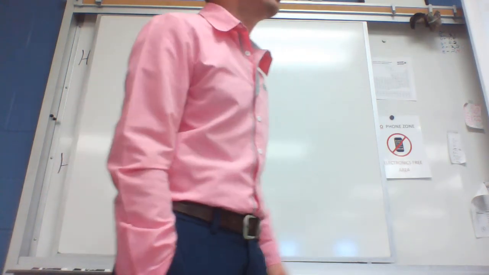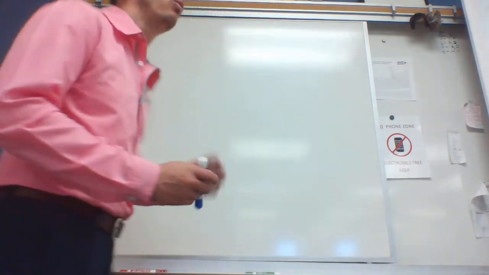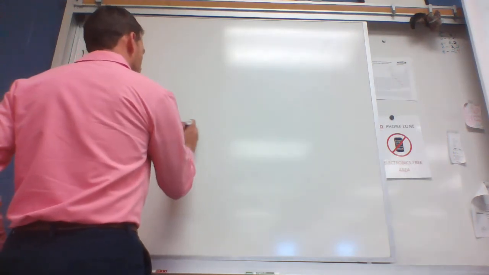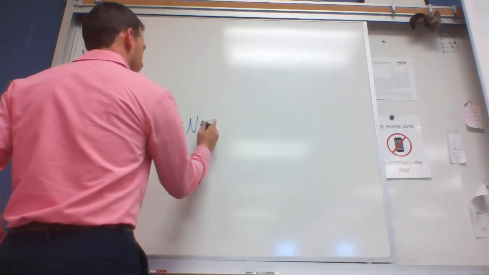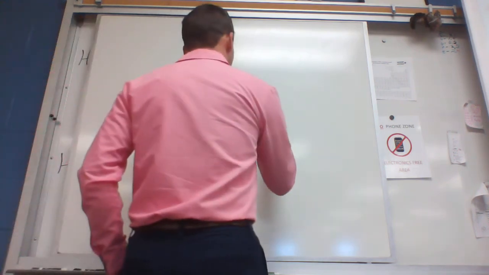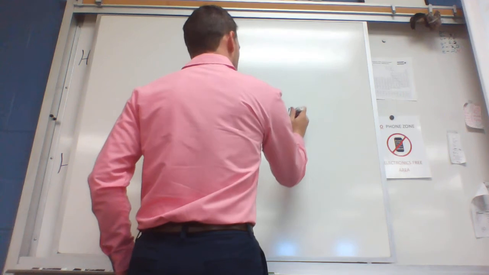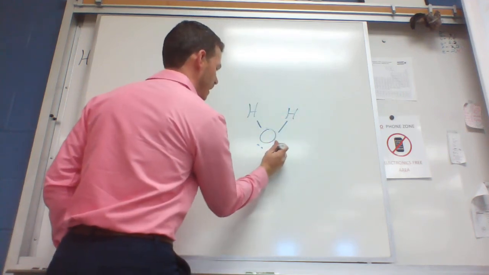Which has stronger IMFs, nitrogen or water? She said water because you know what I bet she did? I bet she said, well, nitrogen looks like this. And of course, we've already drawn water, that looks like this.